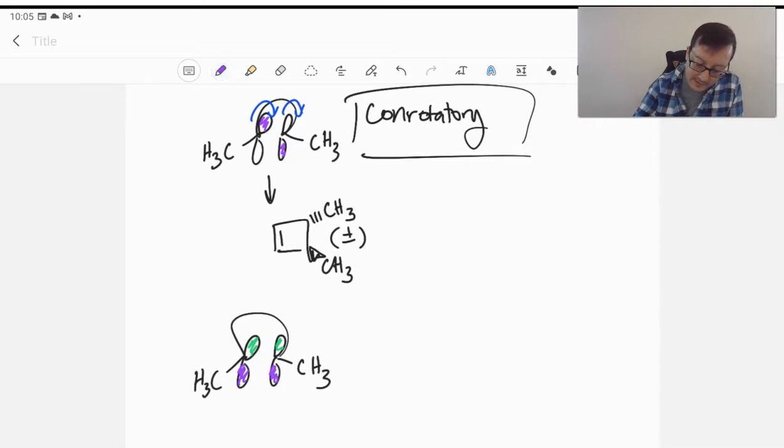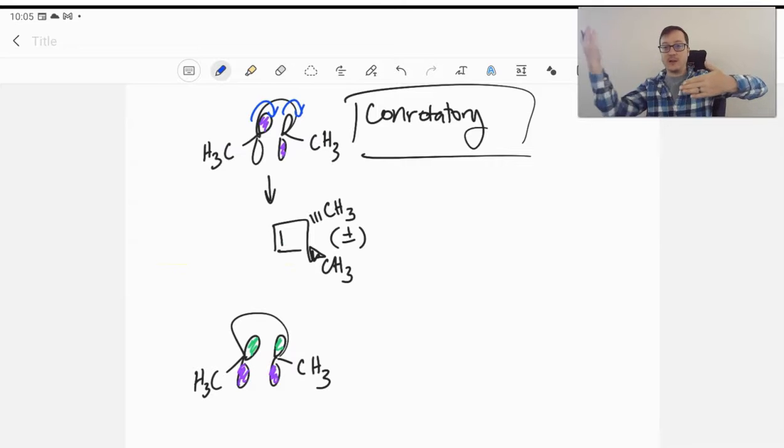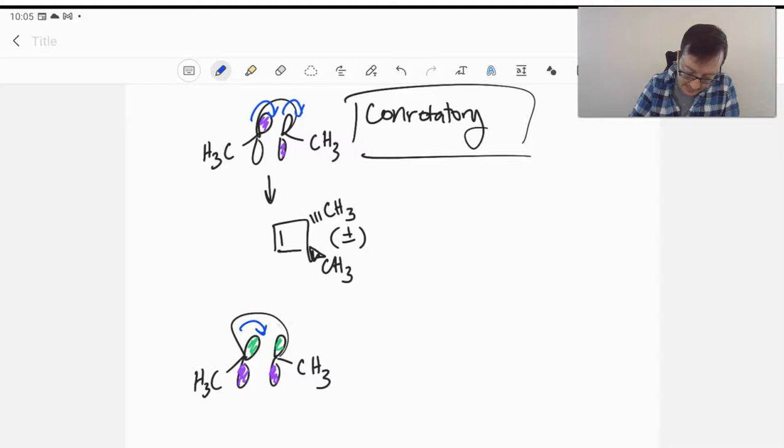If we can see here, since they're already in phase with each other, one would need to rotate one direction, the other would need to rotate the opposite direction so that the green ones overlap. And as a result, because they are rotating the opposite direction from each other, since they were anti to begin with, they are now going to be syn to each other.